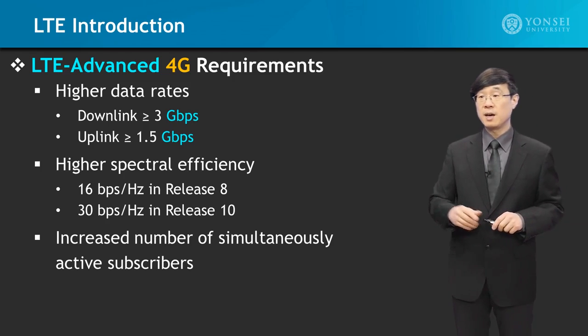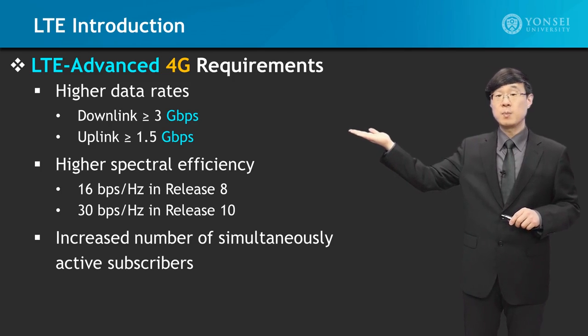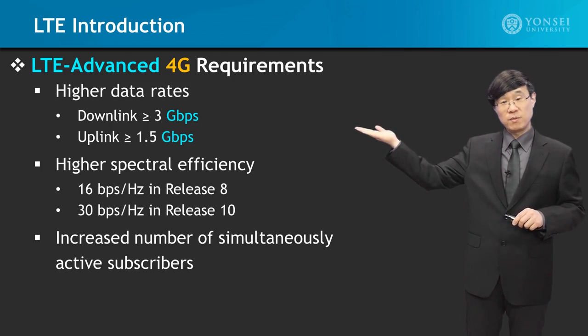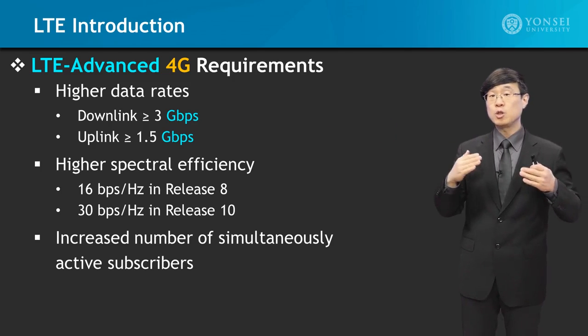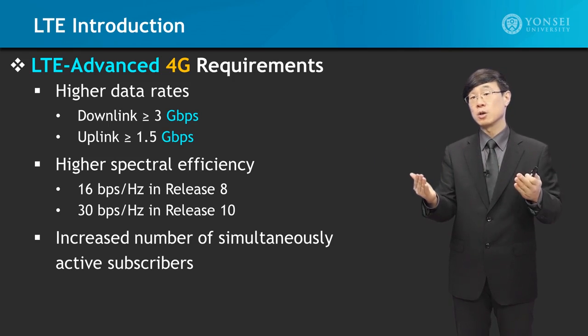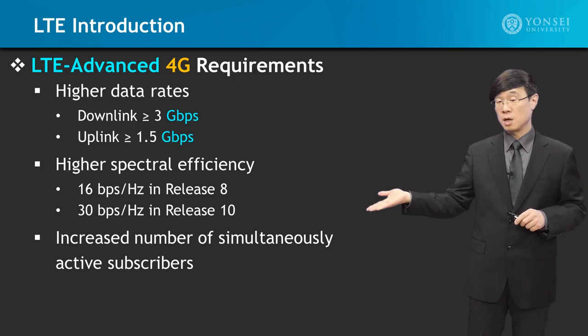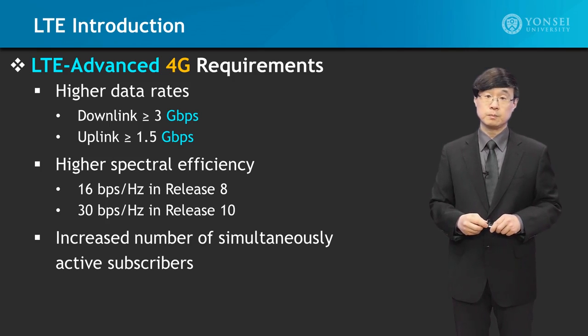This is possible because the target data rates of downlink at 3 gigabits per second and uplink at 1.5 gigabits per second, due to the broader bandwidth that was provided in data rate, could be shared by more users, and therefore an increased number of simultaneous user support is possible.